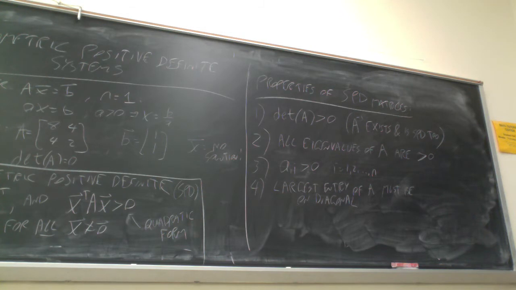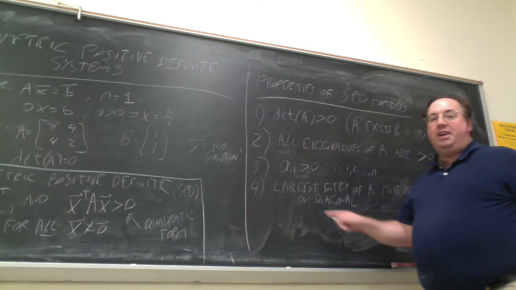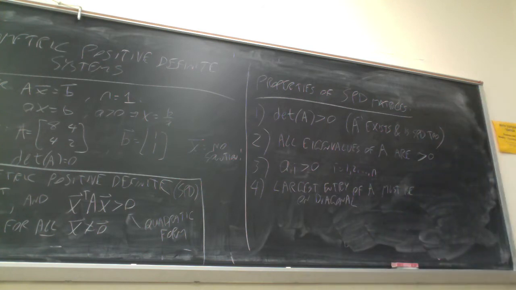Okay. Now, this condition right here, or even this condition, can be used to quickly determine that a matrix is not SPD. But in general, you can't. If you have a matrix that is larger than a 2x2, you really can't tell if a symmetric matrix is SPD just by looking at it.